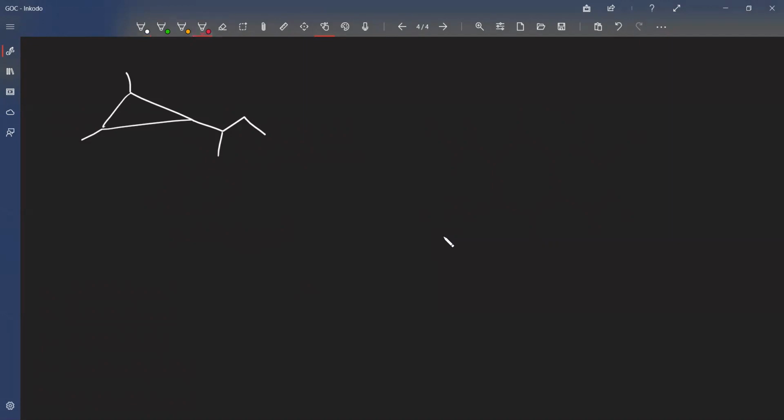Now let me ask a few questions before you actually start writing the name of this. First question is, which one is the main chain? Main chain or main ring. Is it the cyclopropane, because you can see there are 3 carbons in this ring, or is it this butane?